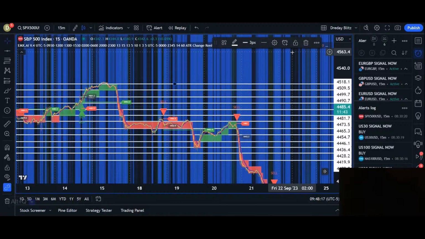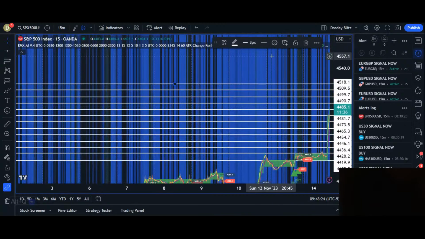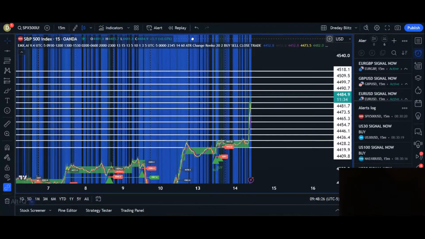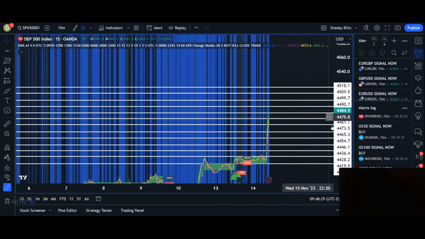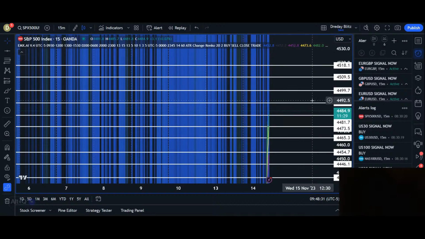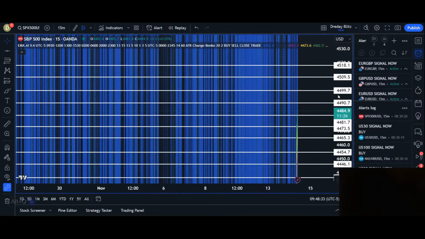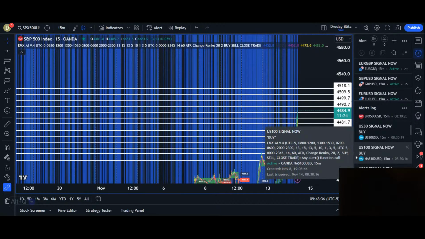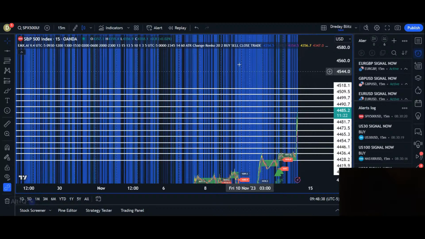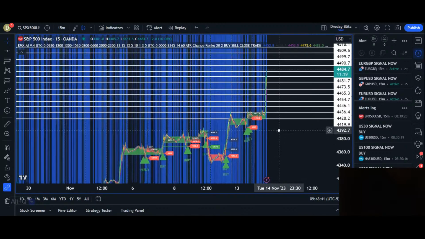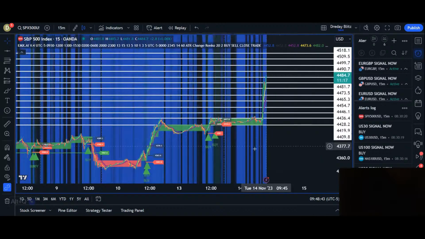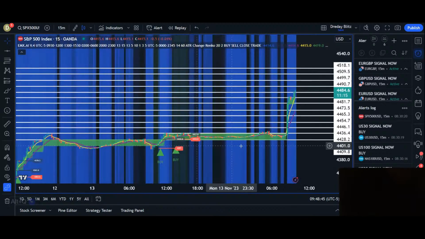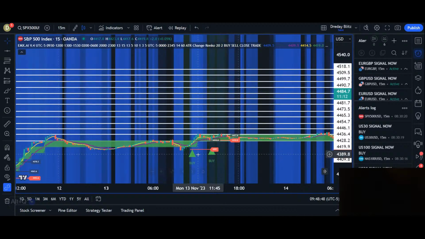Okay, so those are the zones that we're expecting to have the price going to. So if we look at here, based off of the buys that we had, so basically yesterday we had 3 buys.